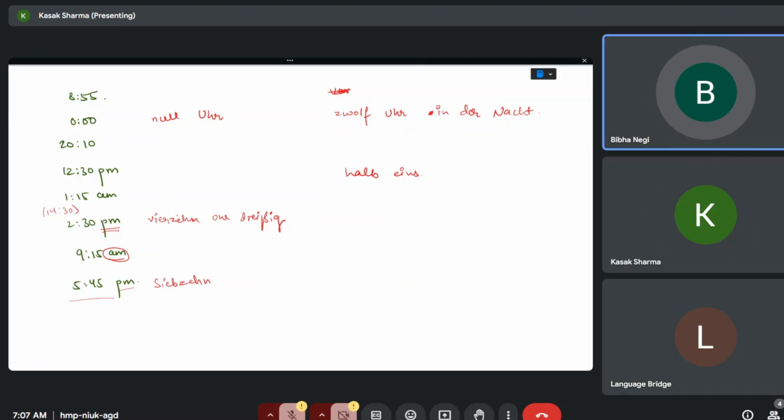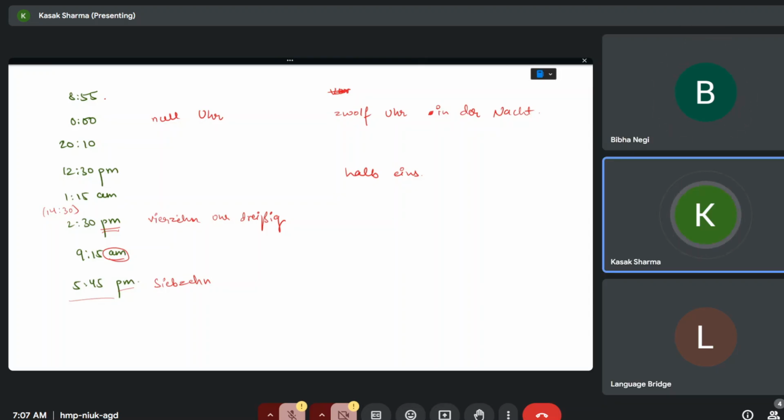This will be formal, and informal is "Viertel vor sechs". Only one change for informal with this PM and AM.